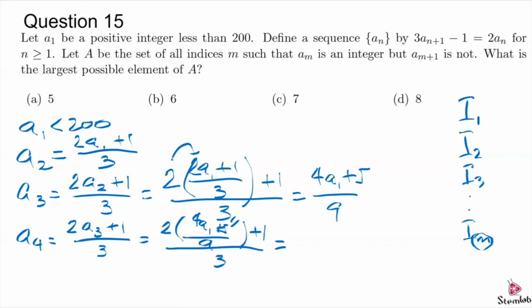If you simplify that, you get 8a sub 1 plus 19 all over 27. Here's where I paused a bit and asked, is there a pattern that I can take advantage of?